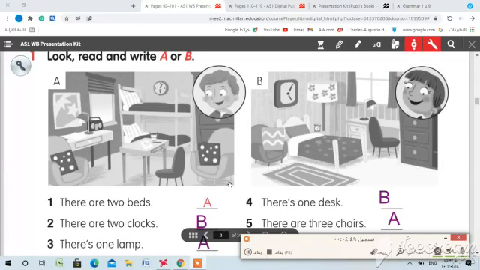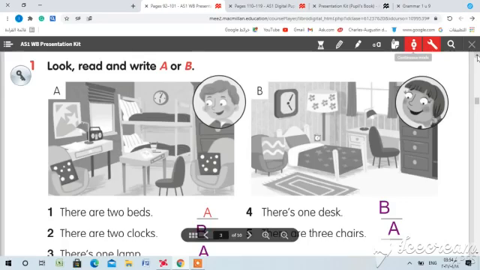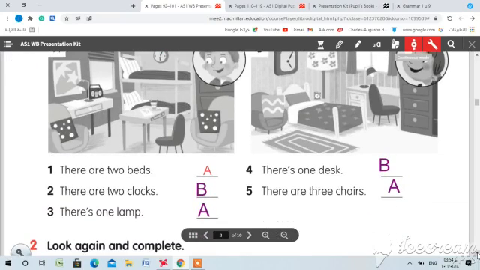Now open your workbook, please. Open your workbook. Read and write A or B. Look at picture A. Now, number 1. There are 2 beds. This is number 1 and this is the second one in picture A, and it's done.